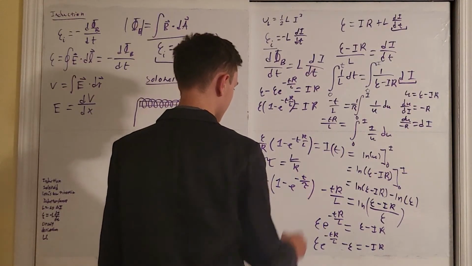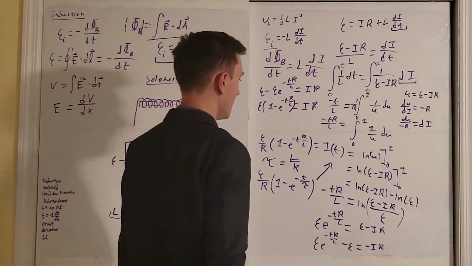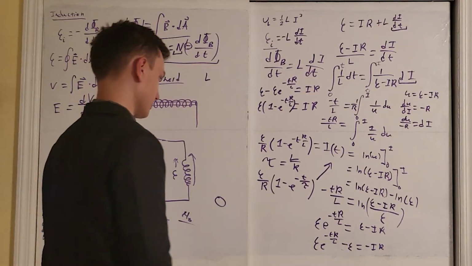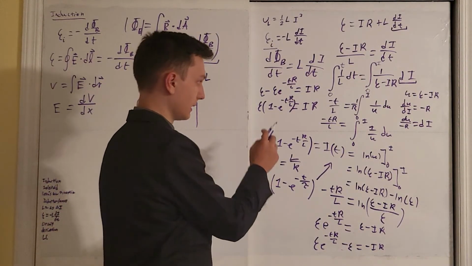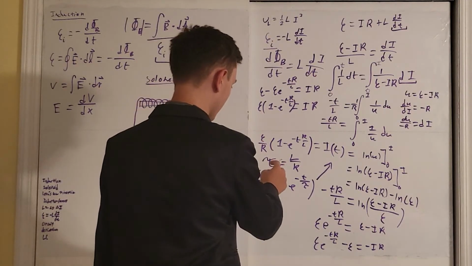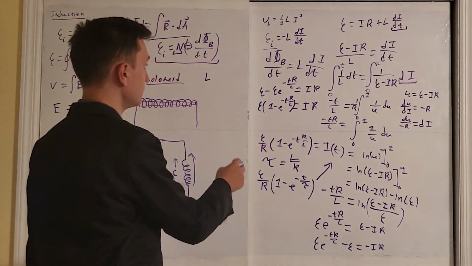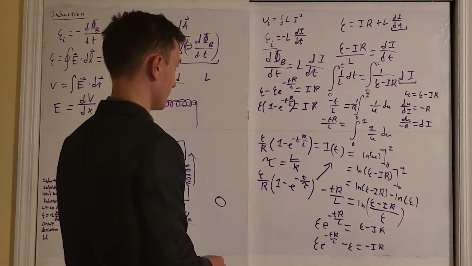If we do that substitution, that equals our current through the inductor as a function of time. Again, I see this derivation pop up a lot on FRQs, so it would be very useful for you to know how to do this derivation.